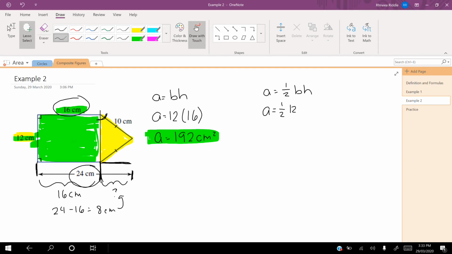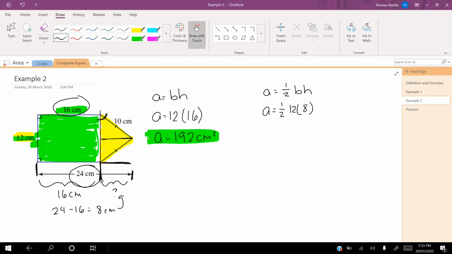So if we took a measuring tape and measured from that point of the angle all the way straight down to the base to make a perpendicular line, we know that that is 8 centimeters long. So over here, our height is going to be 8.